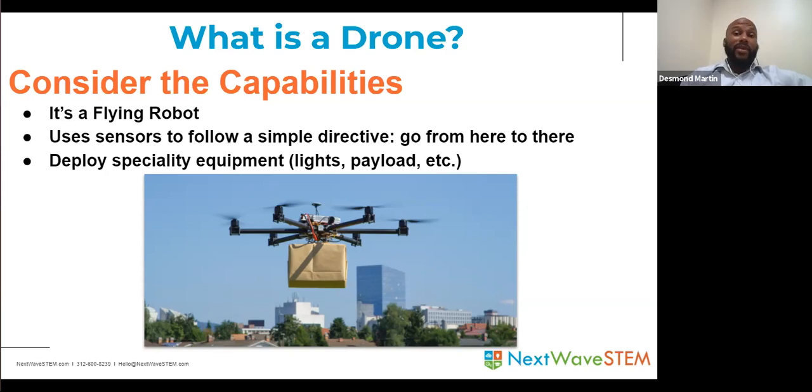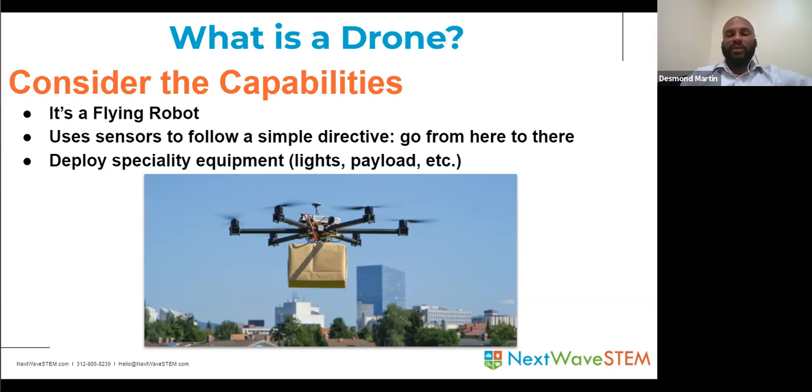It may carry different equipment. It may carry packages like the drone that we see in this photo. It may carry cameras. It may carry infrared equipment to help us fight some of those fires that we're seeing in California. It may carry fire hoses also to help fight some of those fires. It may be walking your dog, but at the beginning and at the end of the day, the drone's main job is to move from one location to another location.